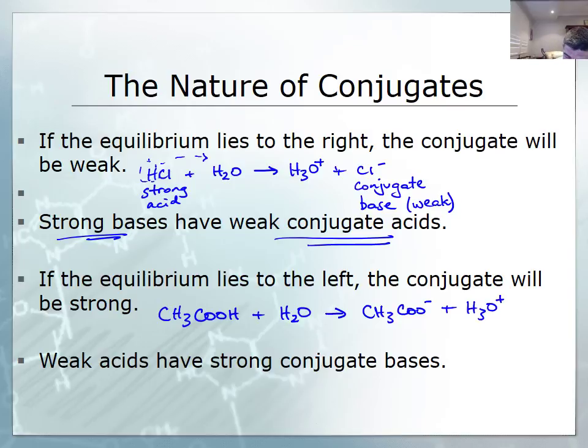In this case, we have our acid and our conjugate base, and because this one is a weak acid, its conjugate will be strong. I've used acids with both of these examples, but they likewise work with bases, and we'll look at examples of each in this video. Weak acids have strong conjugate bases.